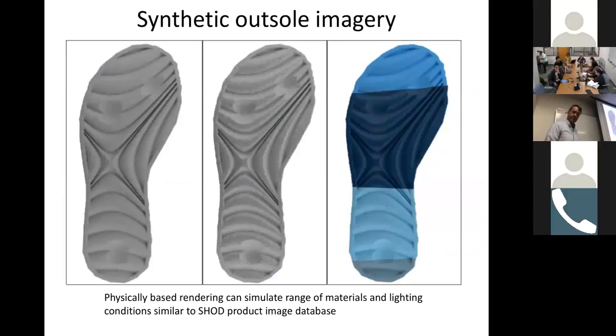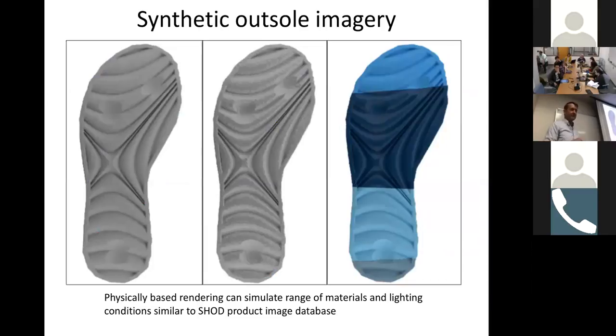The other pieces that we'd like to think about: how does this outsole imagery relate to the 3D shape? In this case, this is a computer graphics problem. If we know the shape of the shoe and the material it's made out of, can we understand what a photograph of it would look like? And this is something which is also quite feasible.